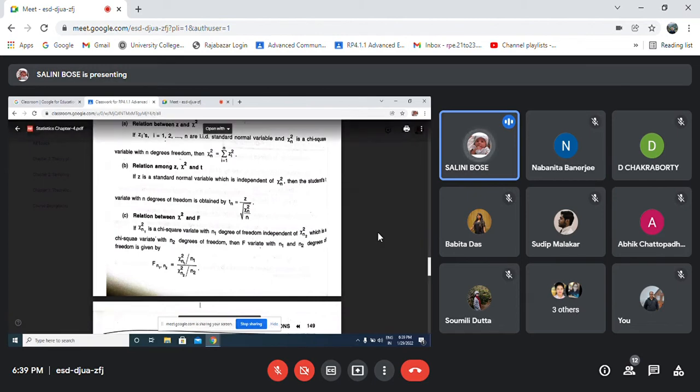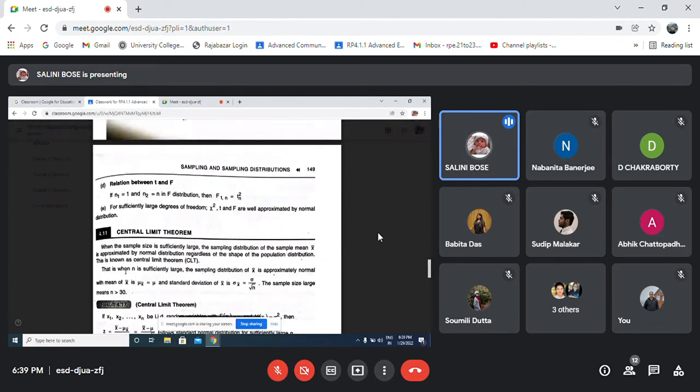And the relation between T and F is this: if the degree of freedom N1 becomes 1 and N2 becomes N, then it will be the T square distribution with degree of freedom N. Clear?